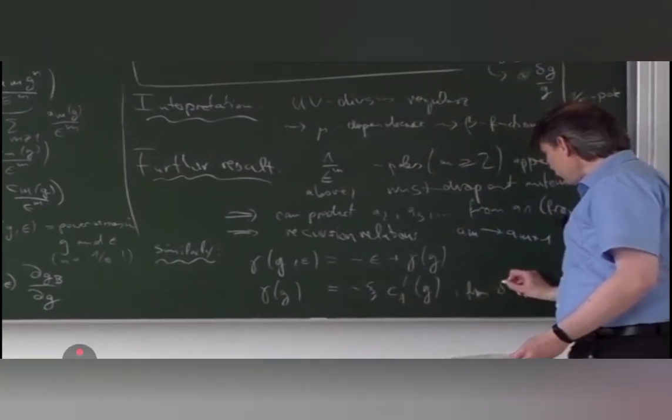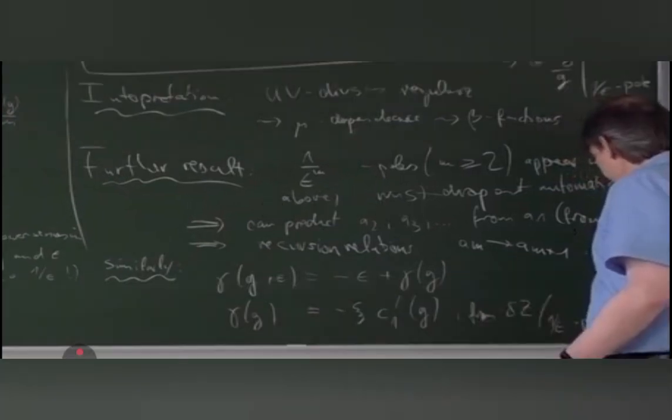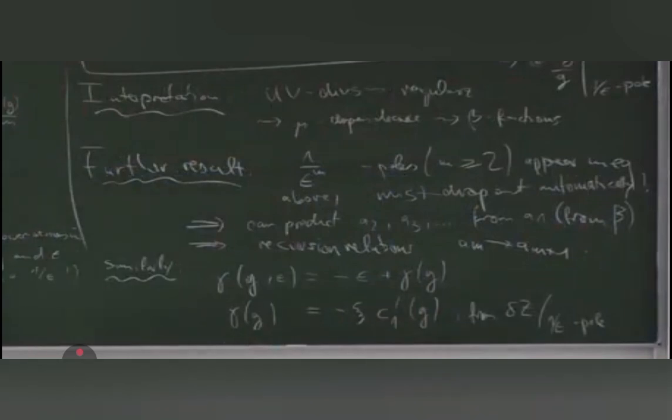So this is from the delta z 1 over epsilon pole, similarly to the 1 over epsilon pole of the coupling renormalization.